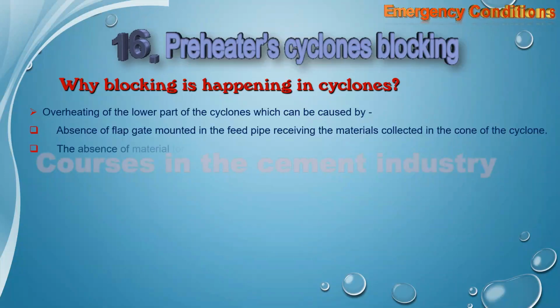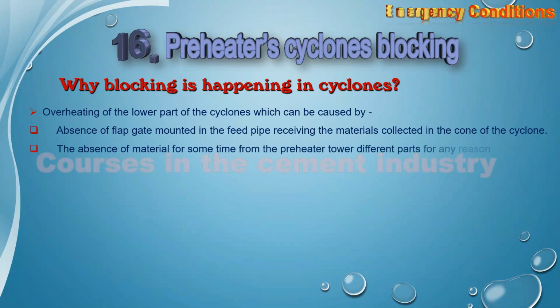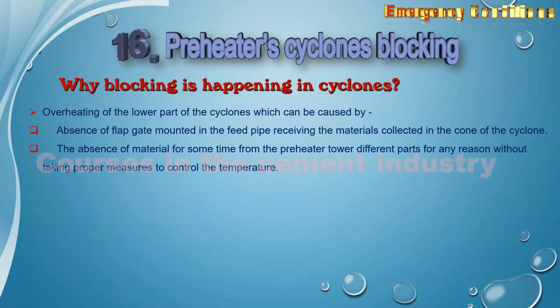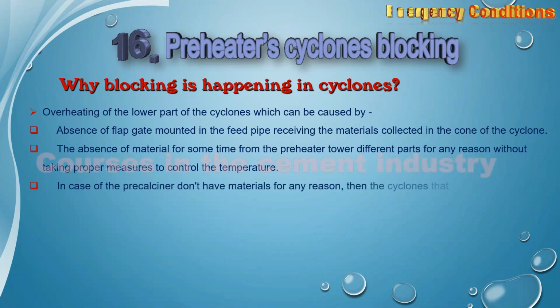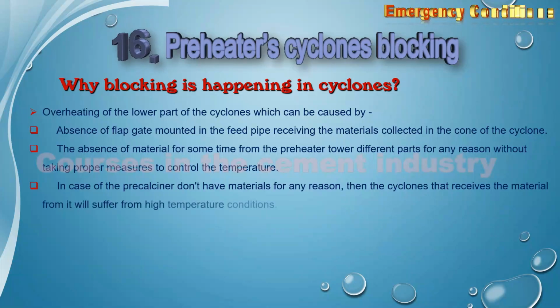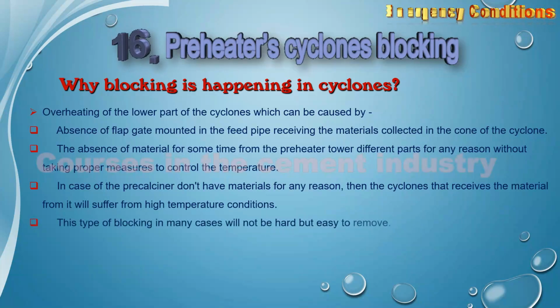The absence of material for some time from different parts of the preheater tower, for any reason, without taking proper measures to control the temperature. c. In case the precalciner doesn't have materials for any reason, then the cyclones that receive the material from it will suffer from high temperature conditions. This type of blocking in many cases will not be hard, but easy to remove.